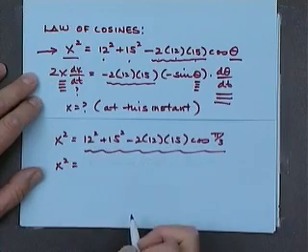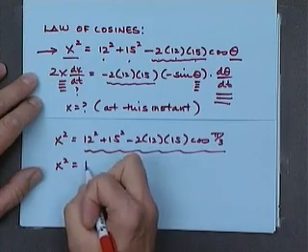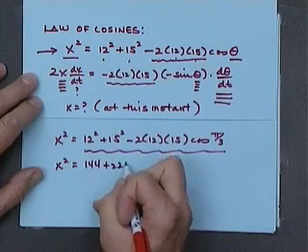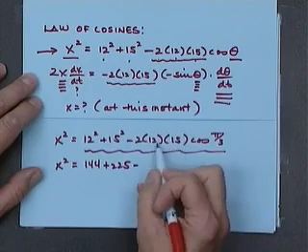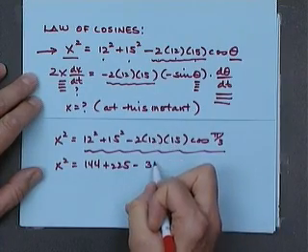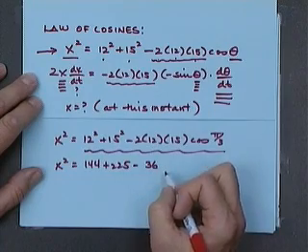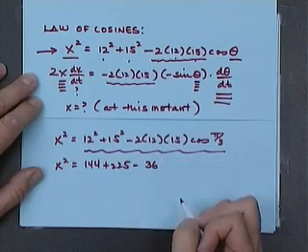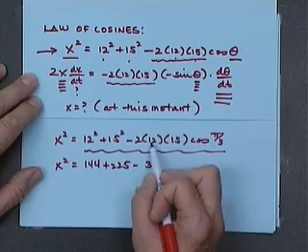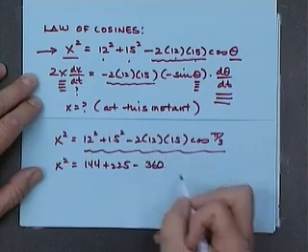12 squared, 15 squared, what is that? 144. 15 squared is 225. That'd be 30 times 12, 360. Because 2 times 15 is 30, and 30 times 12 is 360.